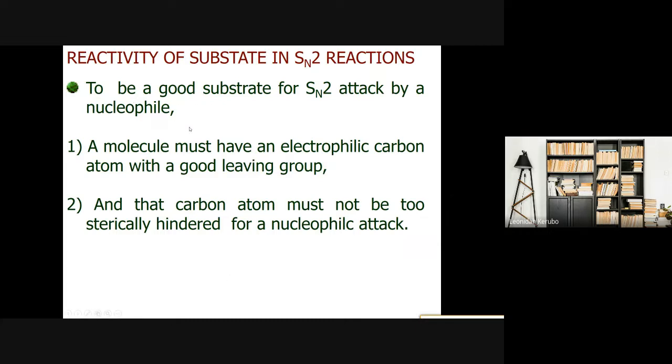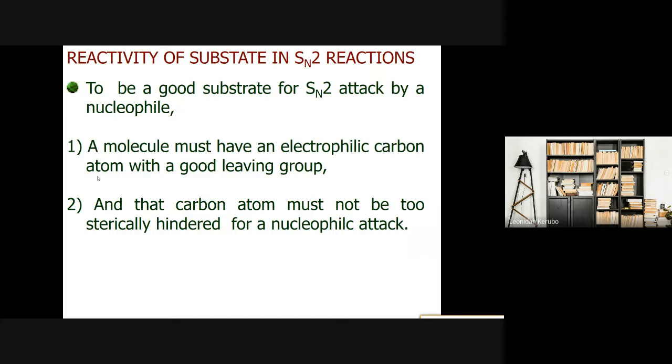So we will also discuss the reactivity of substrates in SN2 reactions. To be a good substrate for SN2 attack by a nucleophile, a molecule must have an electrophilic carbon atom with a good leaving group. This is common to all substrates for SN2 reactions.